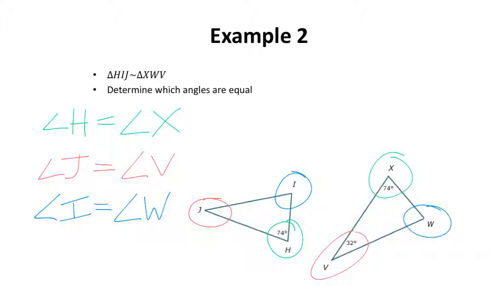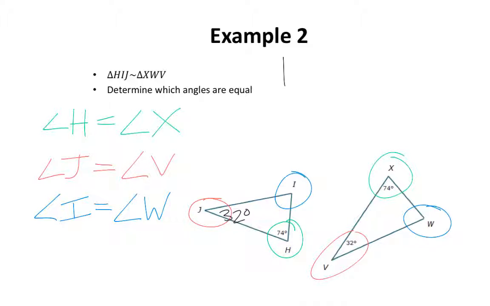Let's start identifying some of these angles. I already know that angle J and angle V are equal, so that probably means this is 32 degrees. I also know that angle H and angle X are equal, but that's already written in. However, I don't know what angle I and angle W are. Now, you should remember that the interior angles of a triangle add up to 180 degrees. So if I know two of the three angles, I can easily figure out the third unknown angle.